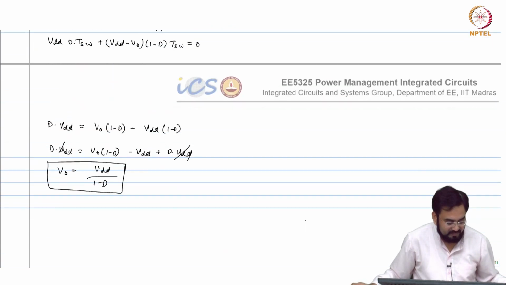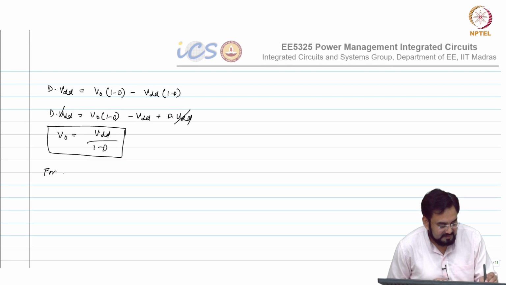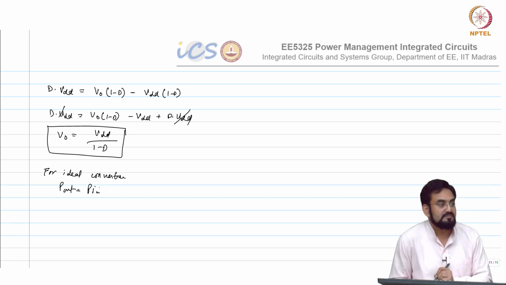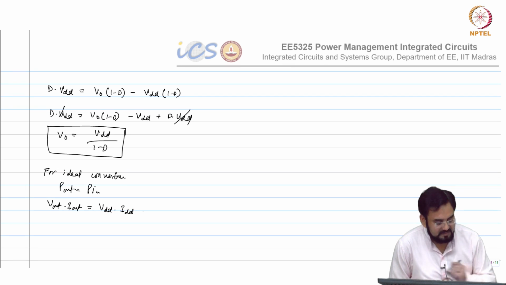So for ideal converter, P out equal to P in, which means V out into I out equal to VDD into IDD.